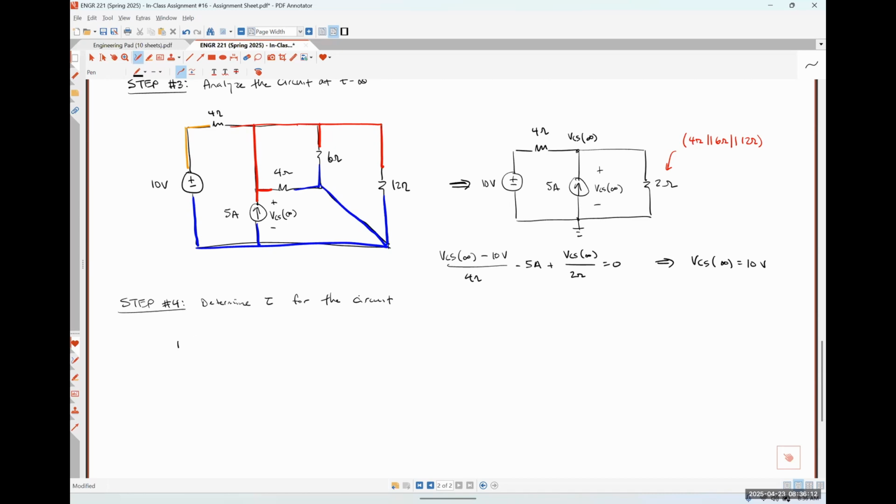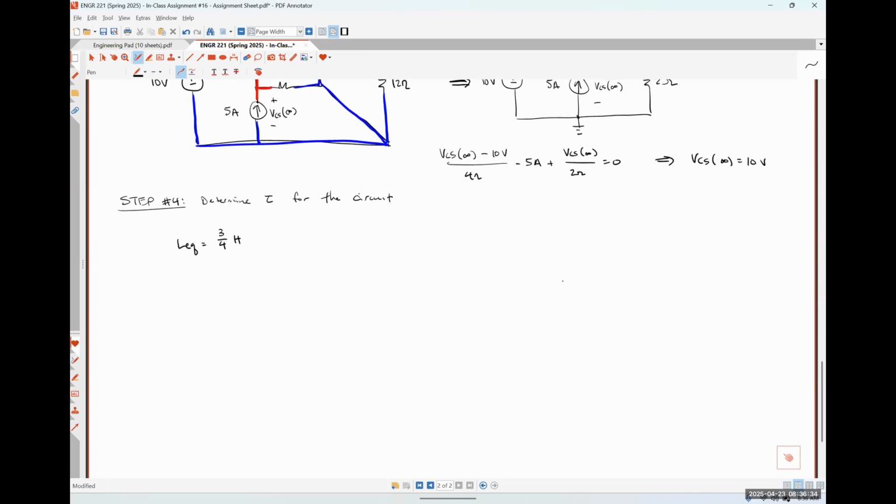Well, we already figured out at the beginning that LEQ was 3/4 of a Henry because we just had those two inductors, a 1 Henry and a 3 Henry inductor connected in parallel. So we don't need to do that part again, I hope. And now we are going to simply find our equivalent resistance as seen by that inductance, right?